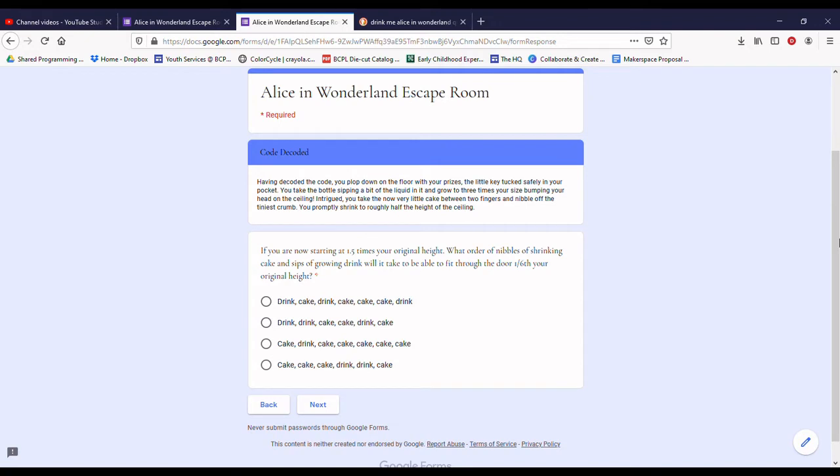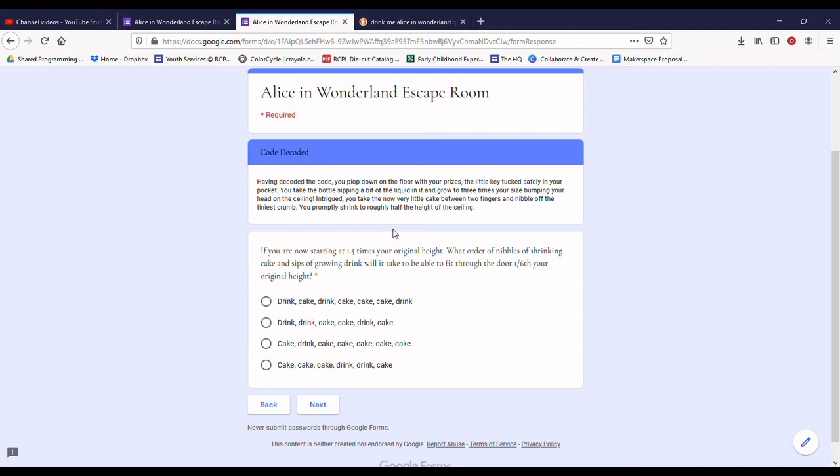All right, so this is our hardest puzzle we've got. I did the math on this one. It does work out properly if you want to go through the trouble. There's 2 ways to solve this. The first is that starting at 1.5 times your original height, you can go through the multiplication of multiplying by 3 every time you take a sip of the drink, and then dividing in half every time you take a crumb of the cake.